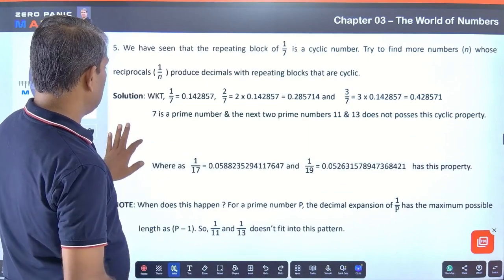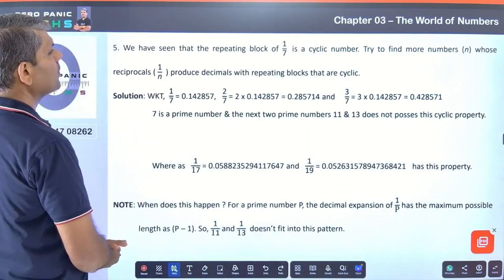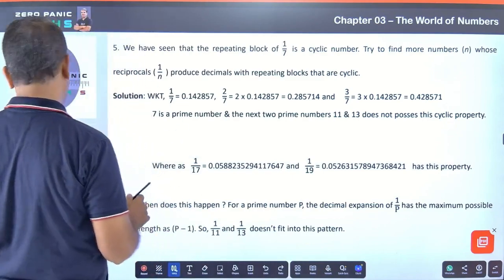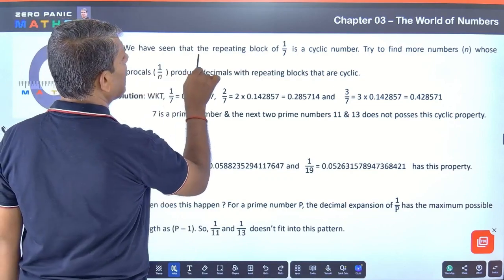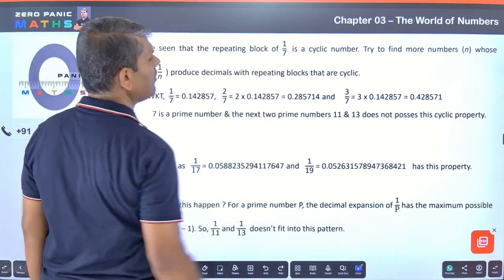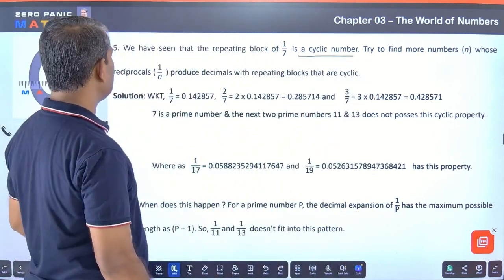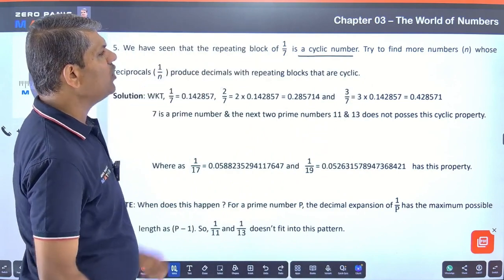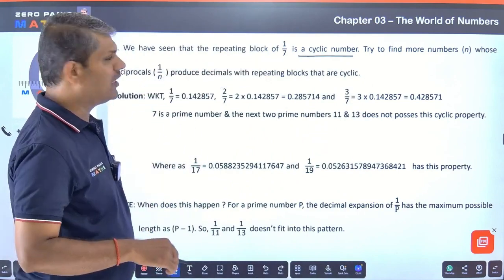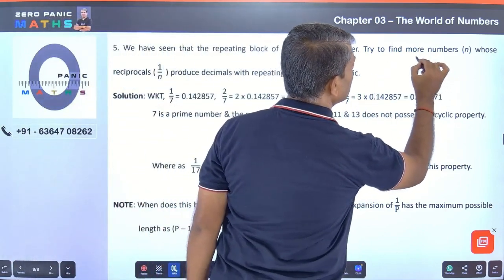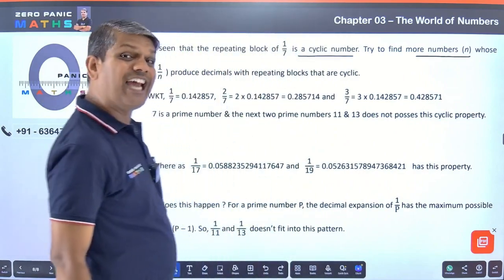Now the next problem is again about the cyclic procedure. Cyclic property. We have seen that the repeating block of 1 by 7 is a cyclic number. So they have already told that the 1 by 7 value is a cyclic number. Try to find more such numbers n.